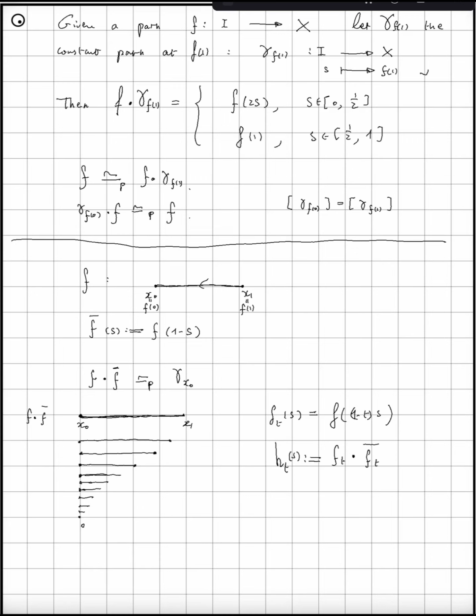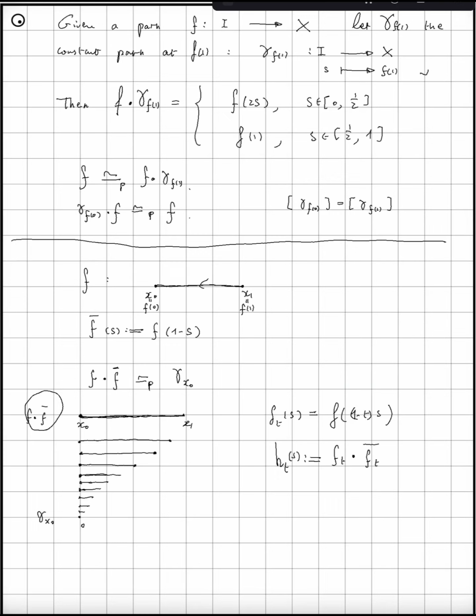Actually, we want to show that even in the general case, even if you don't start with a loop, you just start with the path, we want to show that f concatenated with its inverse is homotopy equivalent to this constant loop gamma x0. The way we do that, you have to construct a smoothly changing family connecting this f concatenated with this f bar and this gamma x0.